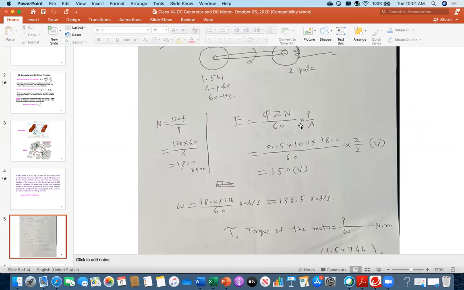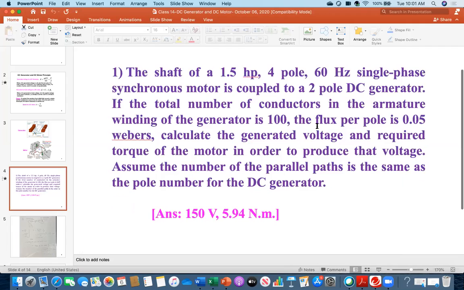You have that equation that you have already written down. Now you see how you can fill that in. The total number of conductors Z is 100. That is given. The flux per pole is also given, 0.05.